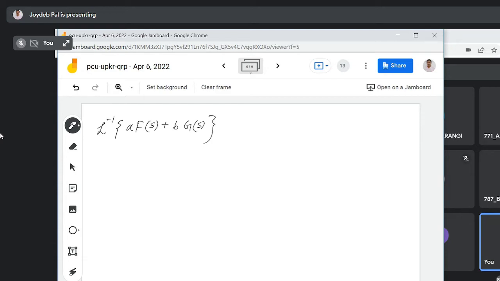That is the question. That is the linearity property actually. Now how to prove it? How to show?